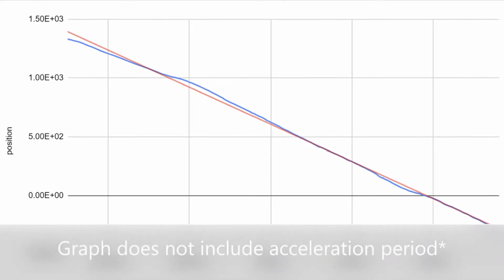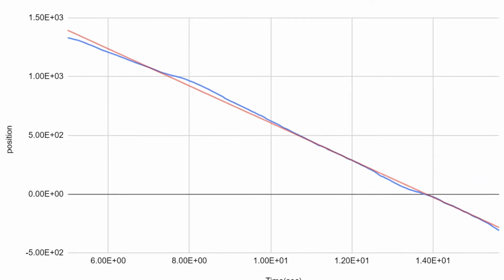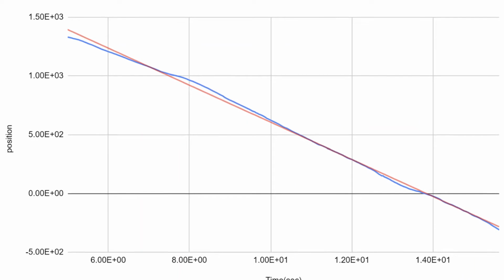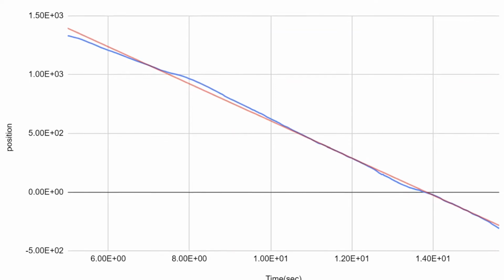I then went into Excel to create a graph that could compare both the data from my tracker data of the real experiment and the GlowScript data from the GlowScript simulated experiment. Now, the GlowScript simulated experiment had a completely straight line of position over time because it had a consistent velocity.